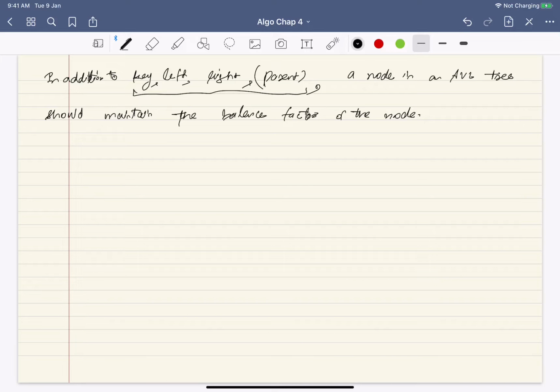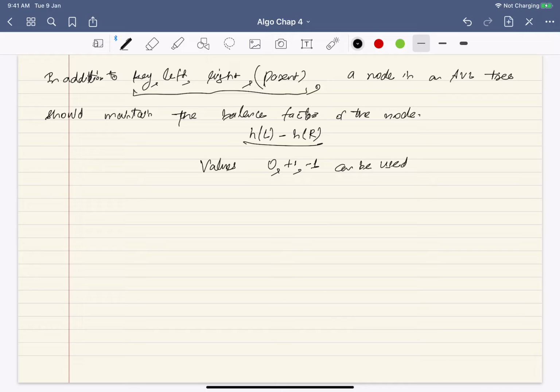And what is the balance factor, or how is it defined? It's simply the difference between the heights of the left and right subtrees: height of left subtree minus height of right subtree. We just maintain this for every node. And what values can it take? Since the absolute value has to be less than or equal to 1, the values 0, plus 1, minus 1 can be used.